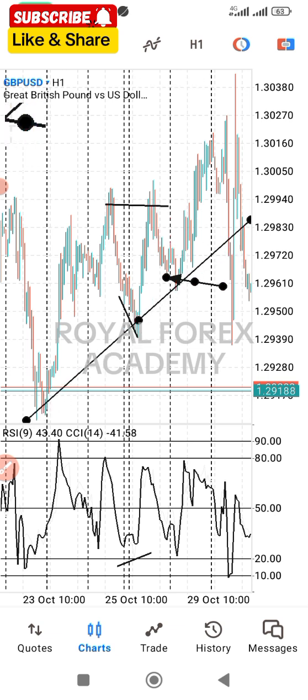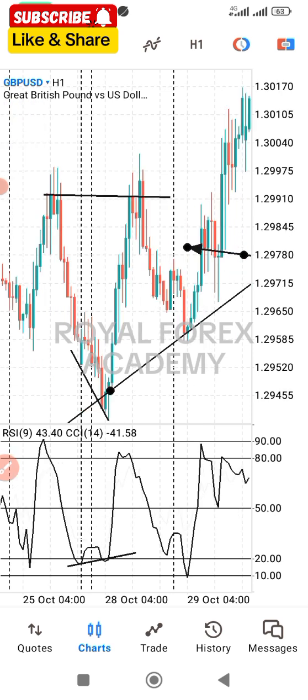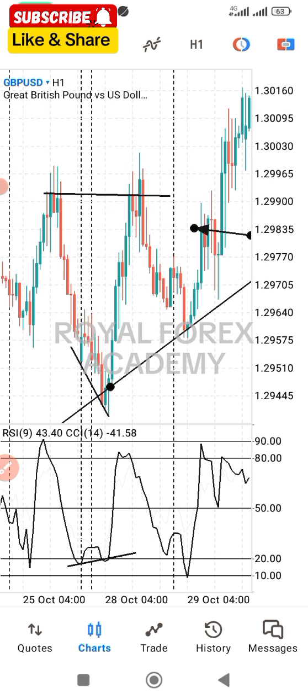You can see this price already made this first touch, and then this divergence gave us a second entry of our trend line. So price went, break this structure, pull back here, and then this is another entry for us. You can see how it went up.